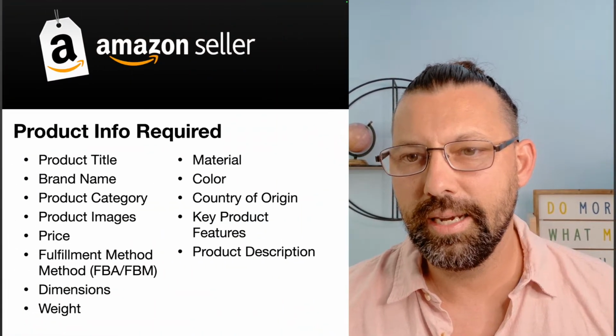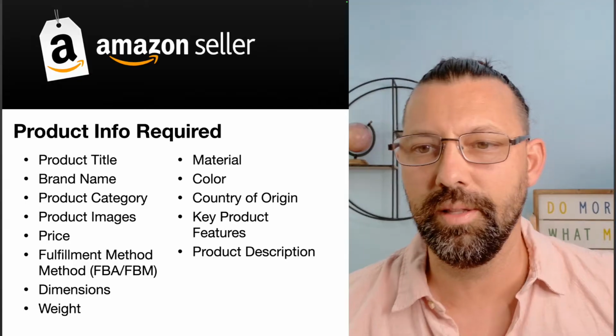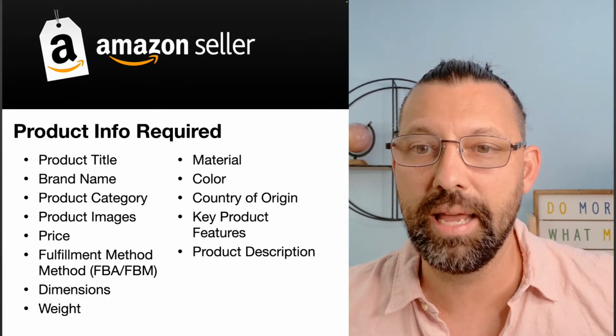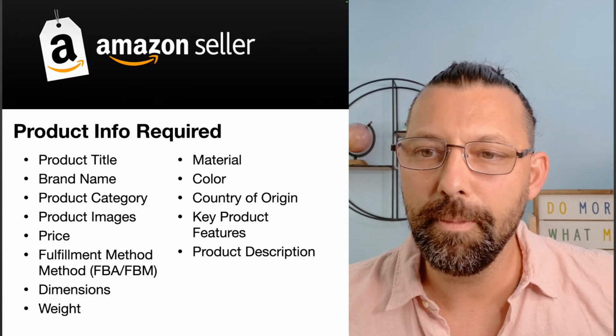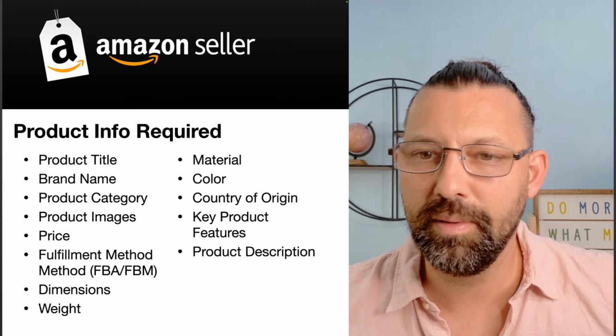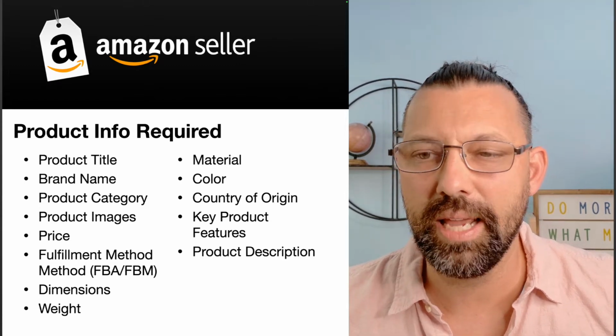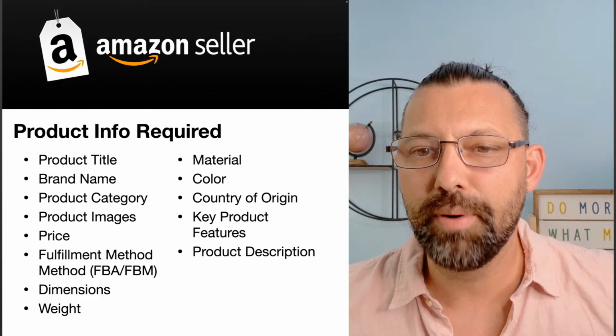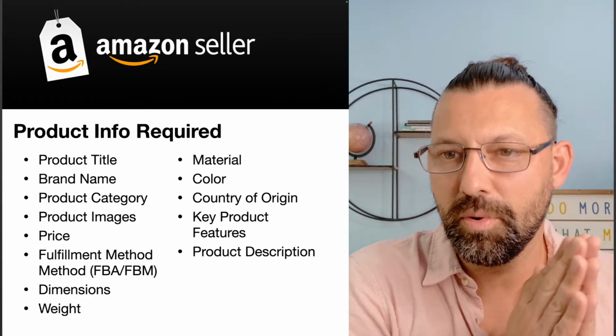So I'm going to just get in really quick to the requirements, and these are just all the things that you want to have together before you can list your product. And these are just the basic attributes that you should probably have off the top of your head. Product title. Brand name, category, if it's like a cell phone case or holder or something like that. Product images, we're going to get into this a little bit more.